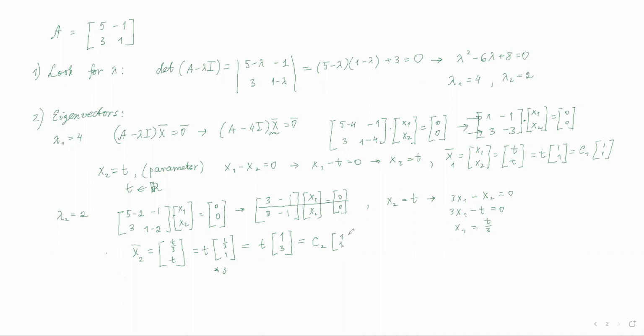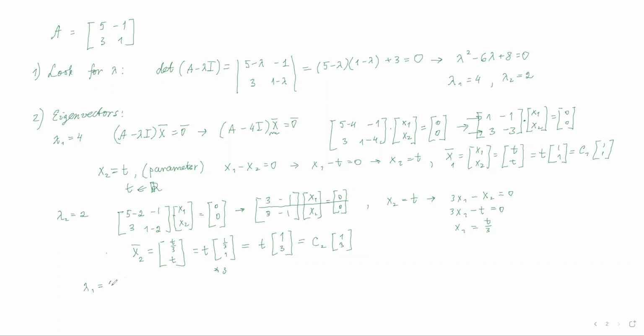I have another eigenvector. Of course, the vector itself is 1, 3, but you can stretch it and multiply it by any constant, which is going to just increase or decrease the size of the vector. So I found two eigenvalues, and I'm going to write it down.